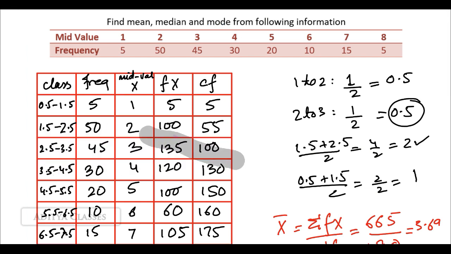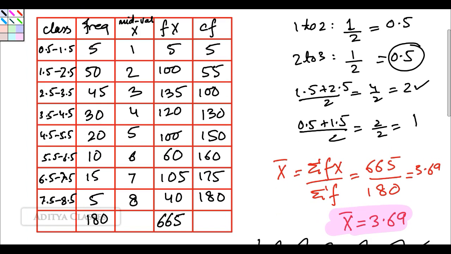Let us go ahead and find mode. What is mode? Mode is the element or class with highest frequency. Now where is the highest frequency in this case? Highest frequency in this case looks like being 50. So this will be my modal class, and this time all the values will be coming from here.